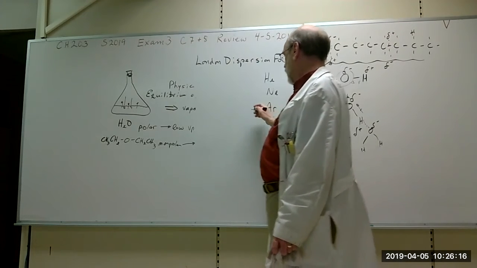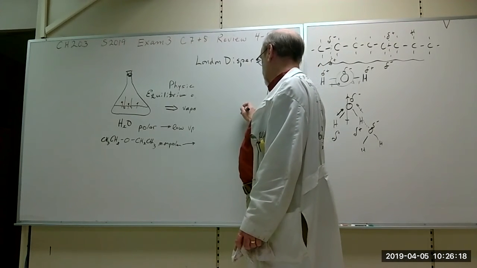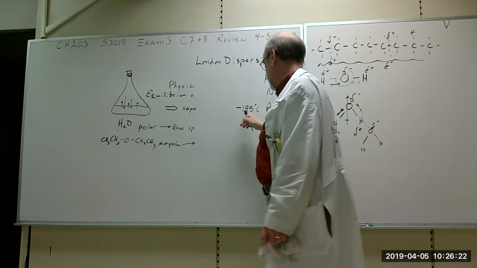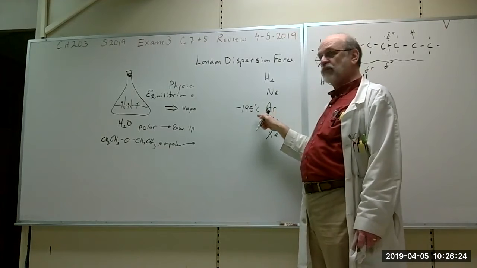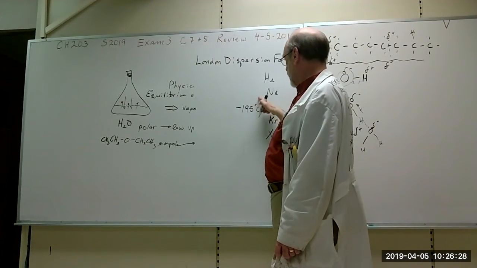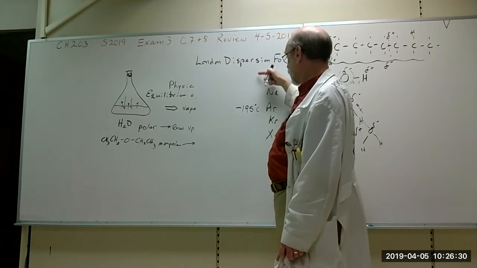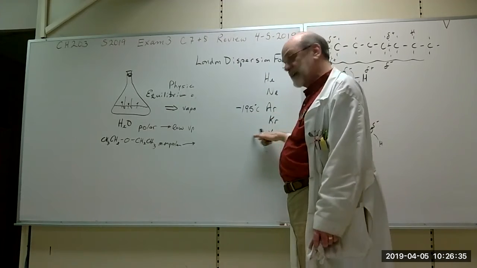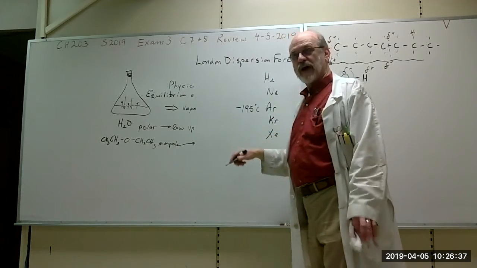So this is the only one I've memorized. Minus 195 degrees centigrade is the boiling point for argon. So this one's going to be a lower temperature than that and lower than that. But this one's going to be a higher temperature than that, and this one even higher. So how do we explain that?